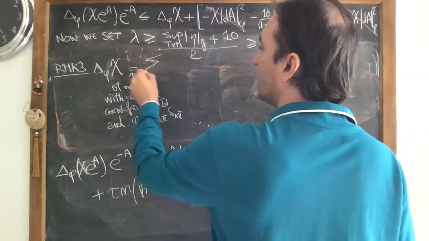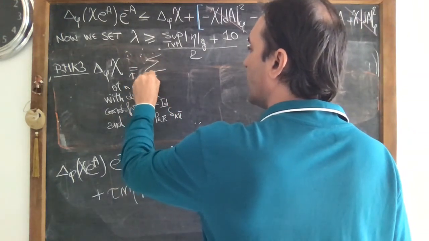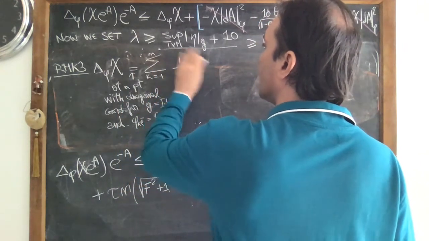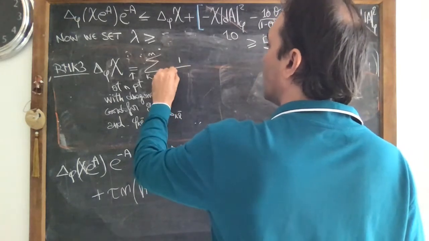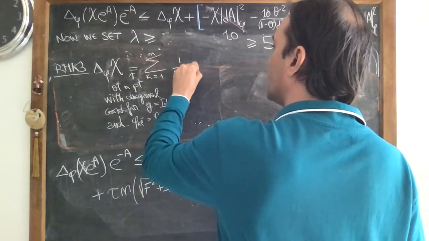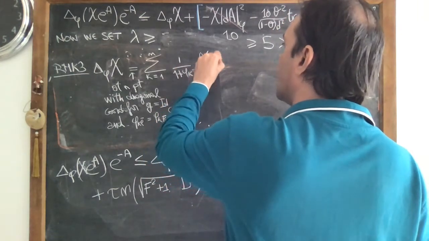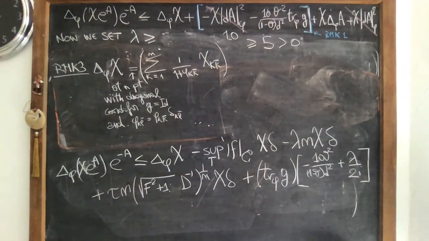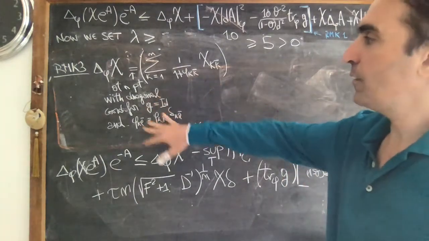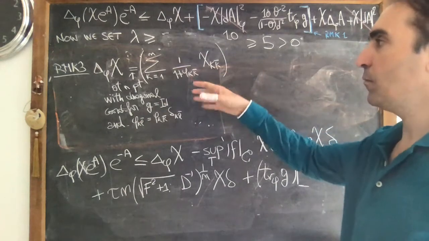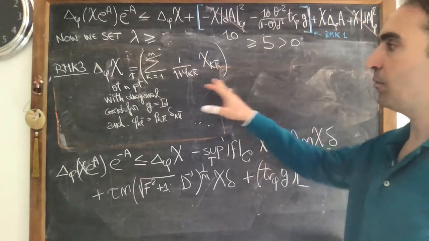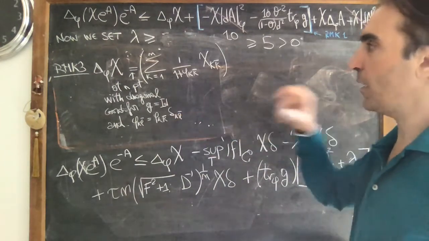This can be written as the sum for k from 1 to n of 1 over 1 plus phi k k bar. Okay, so just for an intermediate passage, we make use of these diagonal coordinates, but then we will find a more intrinsic result. So these are just instrumental.